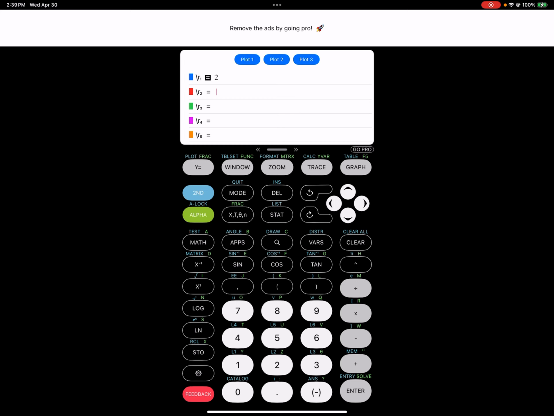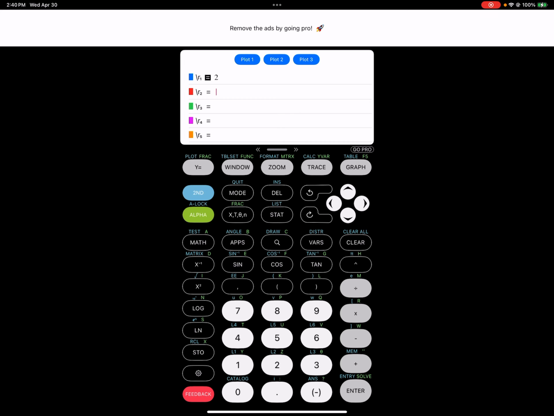But if we think about it, if I wanted to graph theta equals, say, pi over 2 or 90 degrees, that would be a straight line through the y-axis, straight up and down through 0, because it would have all the radiuses you could have if your angle was 90.